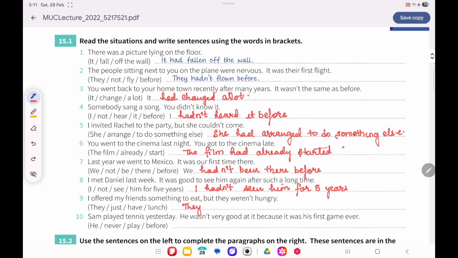They had just had their lunch. Sam played tennis yesterday. He wasn't very good at it because it was his first game ever. He had never played before.